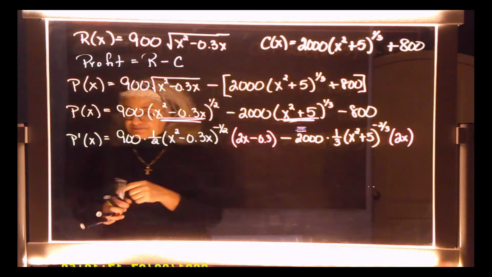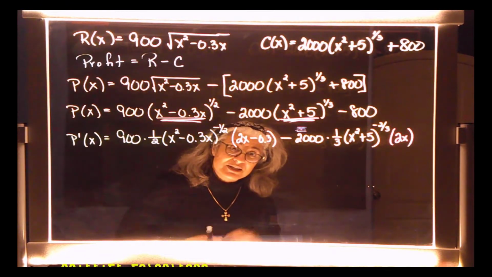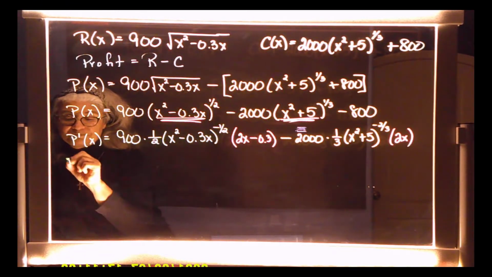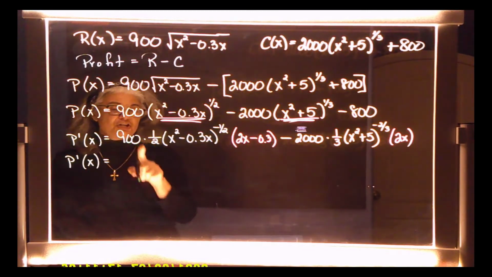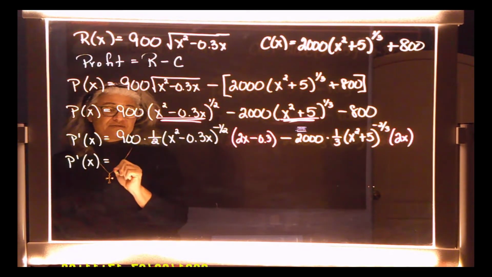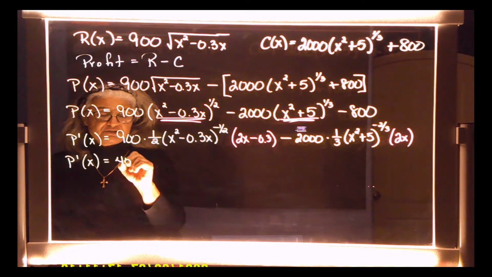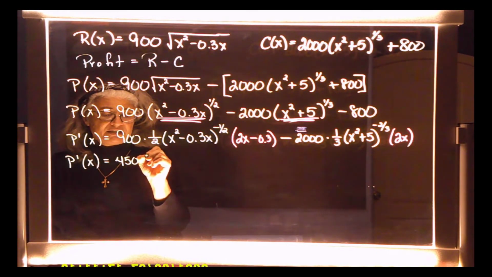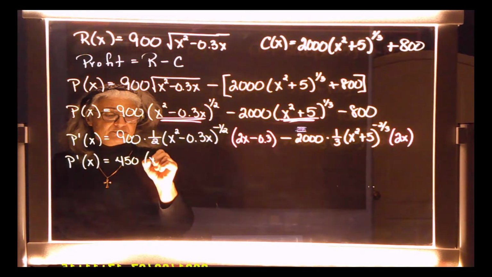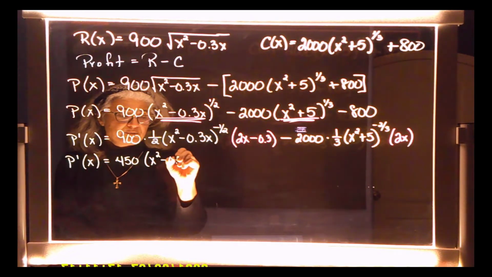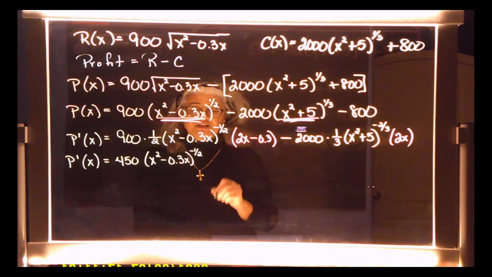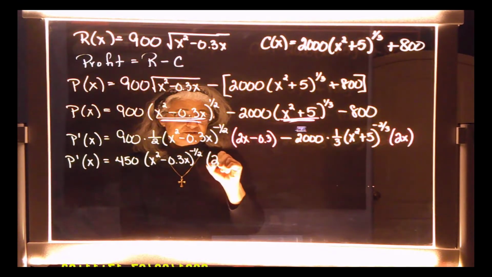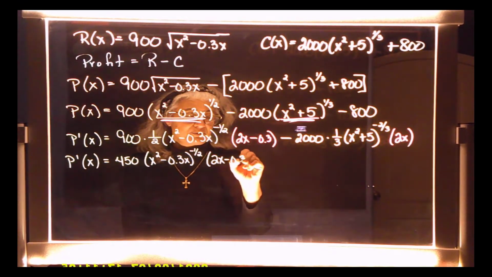All right. Let's see what we can do about simplifying the derivative of the profit function. So 900 times 1/2. Good, that's 450. And in parentheses, we still have x squared minus 0.3x, still to the negative 1/2 power, right? Times this 2x minus 0.3.